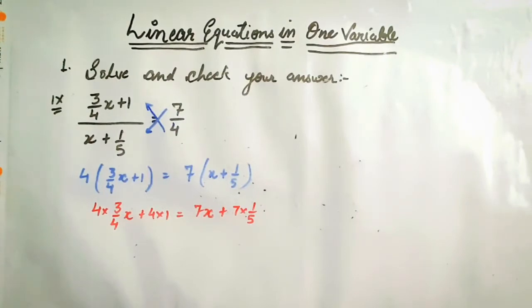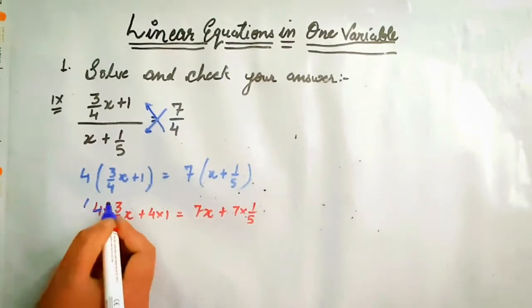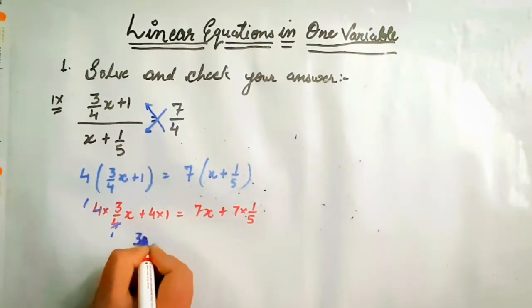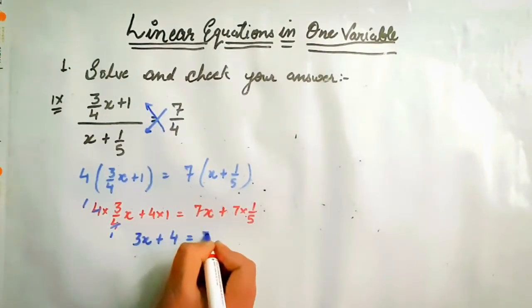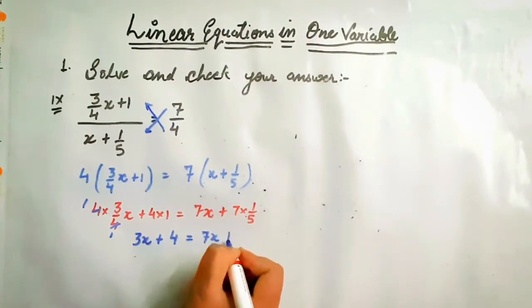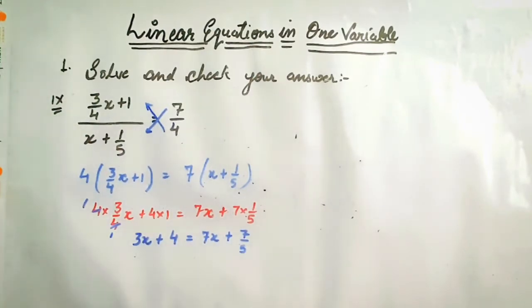Then you can see 4 ones are 4. So what is left? 3x plus 4 ones are 4 is equal to 7x plus 7 ones are 7 upon 5.